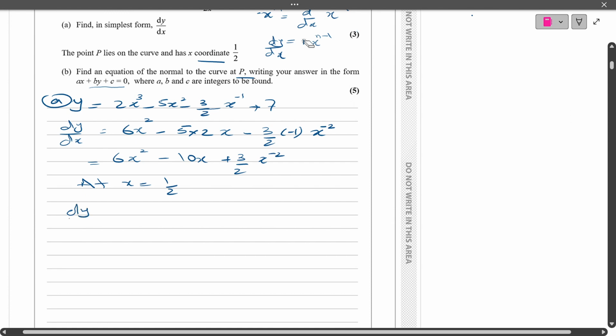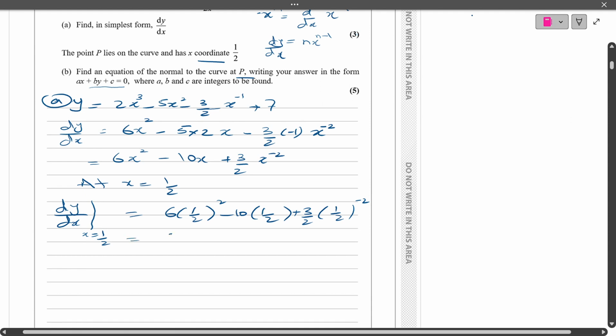So let me write it down neatly. dy over dx at x equals 1 over 2 is 6 into 1 over 2 whole squared, negative 10 into 1 over 2, plus 3 over 2 into 1 over 2 raised to power negative 2.